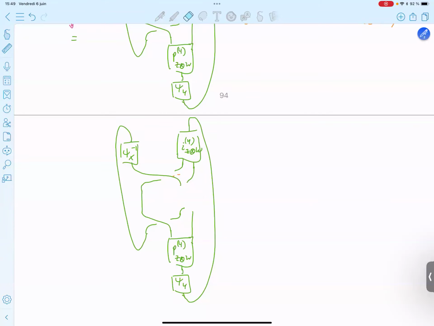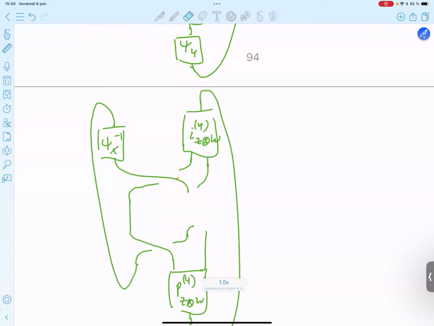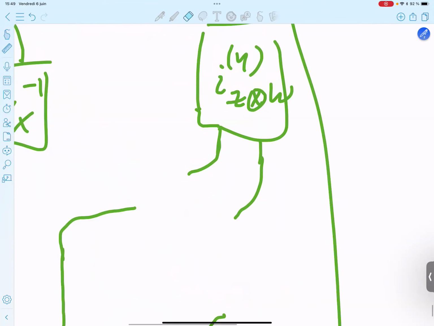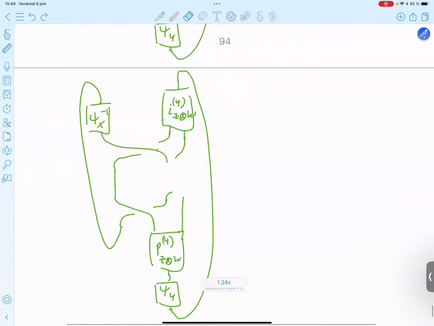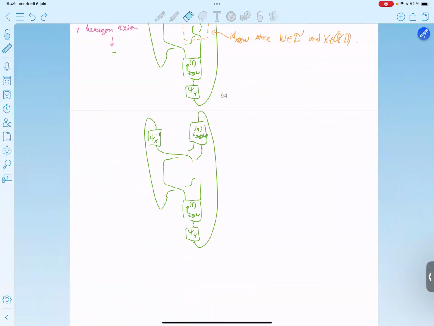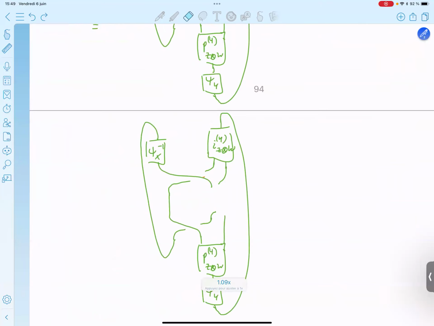Cannot get it. Does not matter. Okay, so you put the identity now.